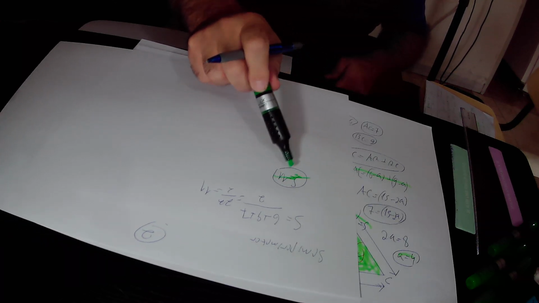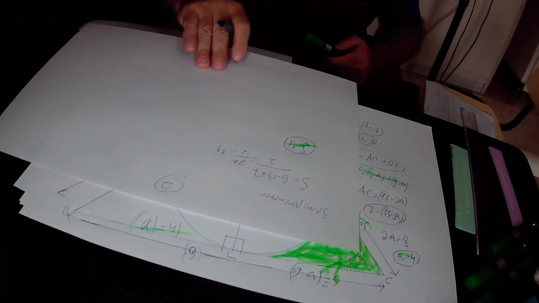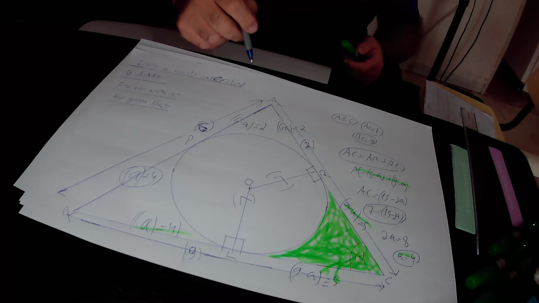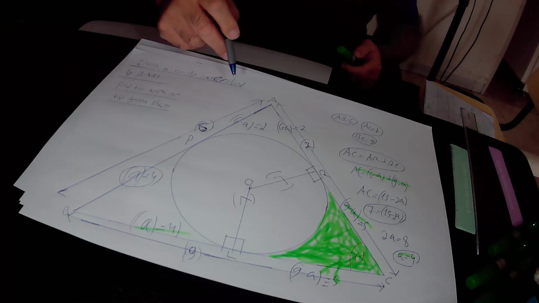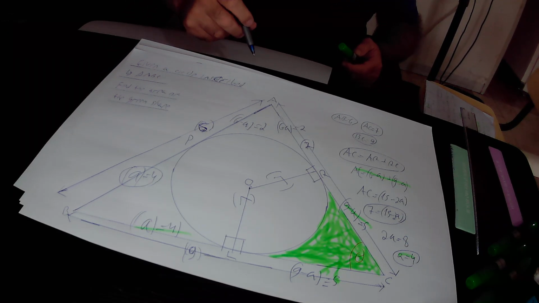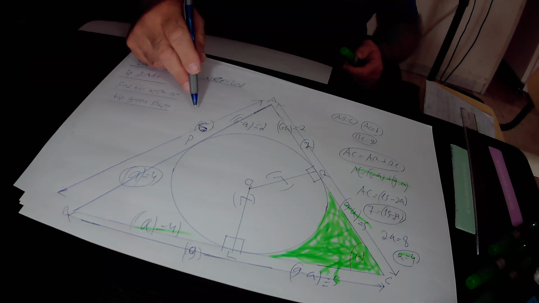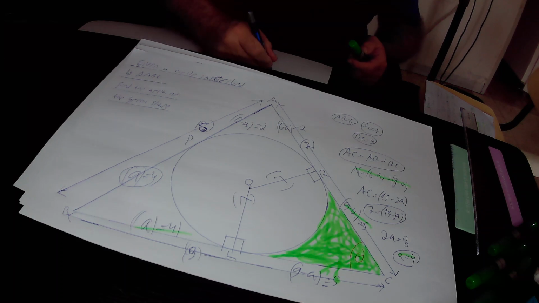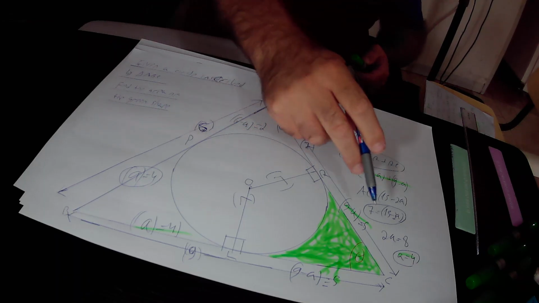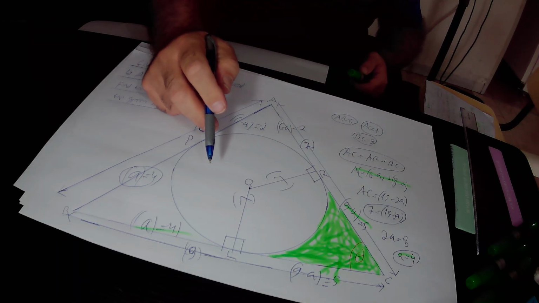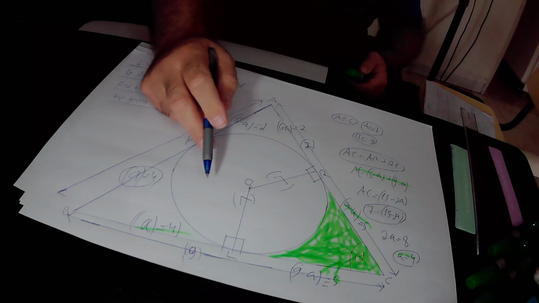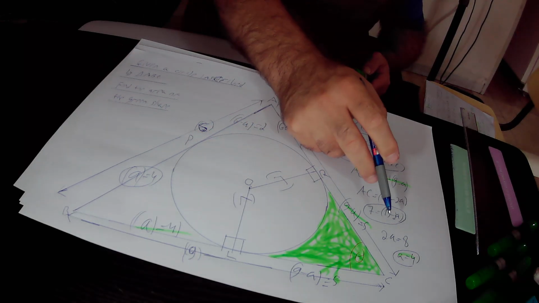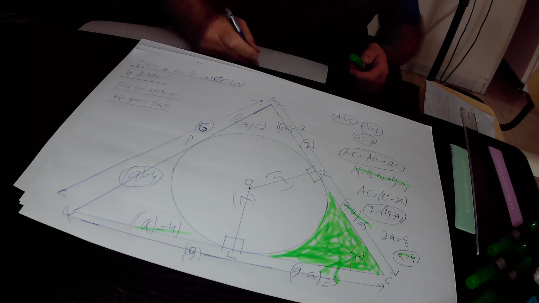We define side AB of this triangle ABC as A. So AB equals 6, that is A equals 6. We define side BC of this triangle ABC as B, so B equals 9.